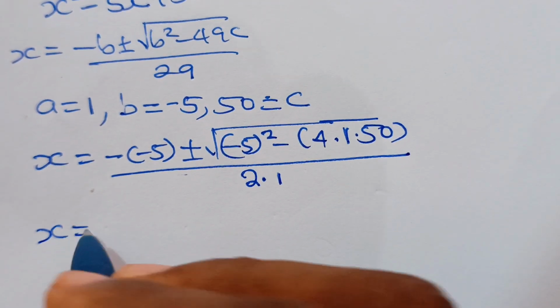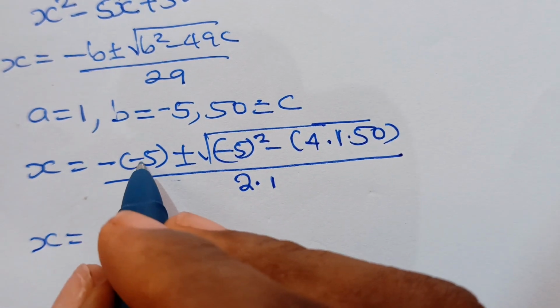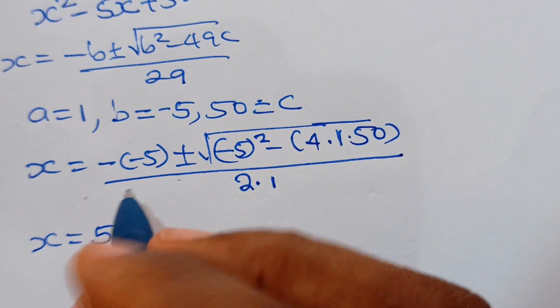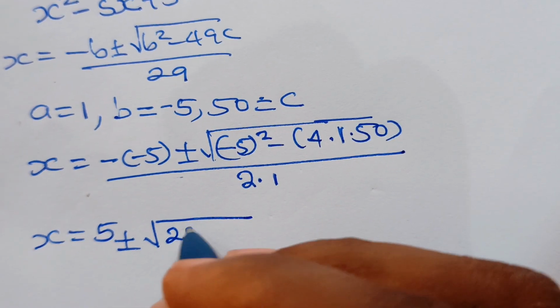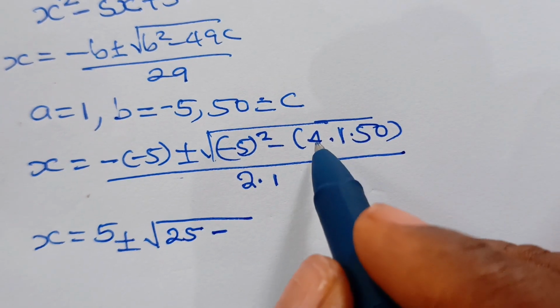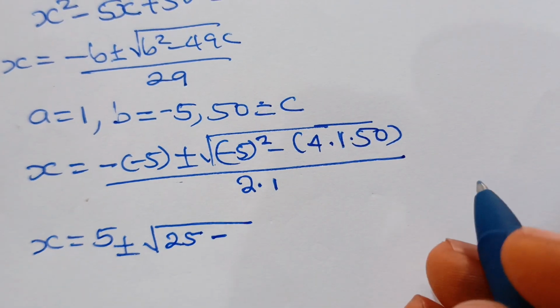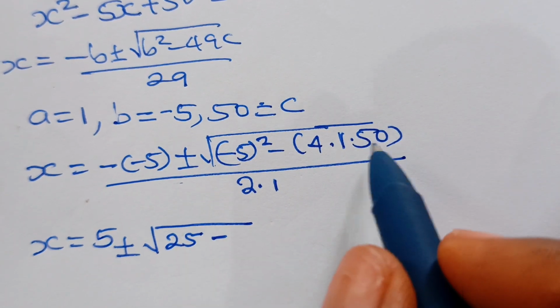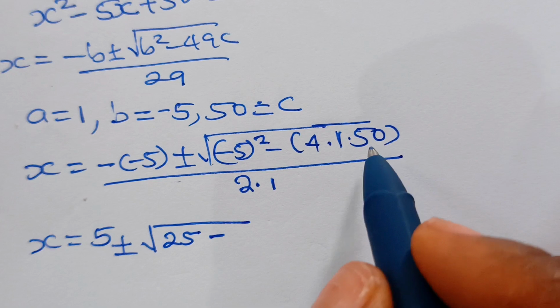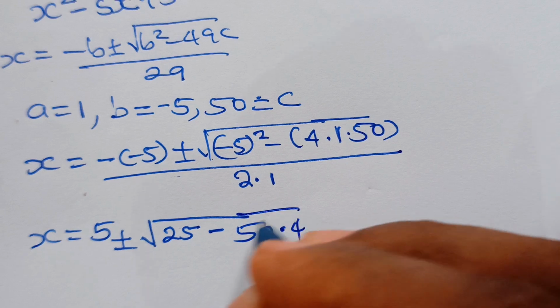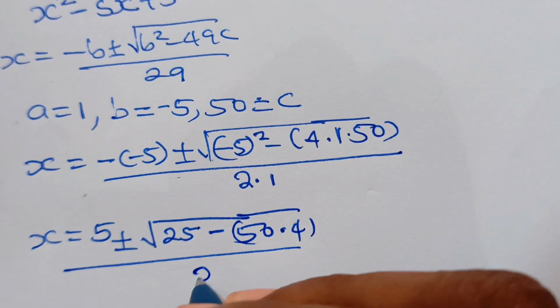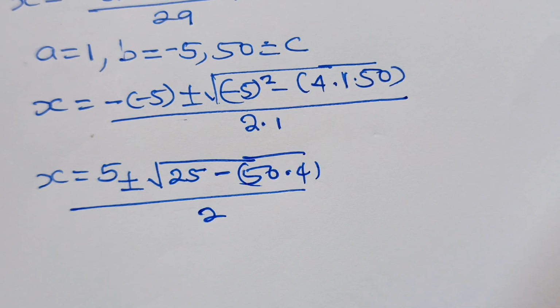Now we have that x is equal to minus times minus is plus, so we have 5 plus or minus square root of minus 5 squared is 25 minus 4 times 50, which is 200, or I can leave this as 50 times 4, let's leave it this way. Everything divided by 2. I want to factorize, so that is why.